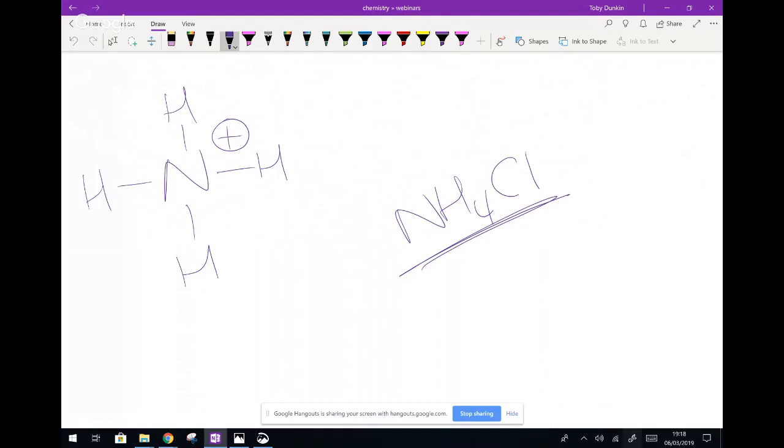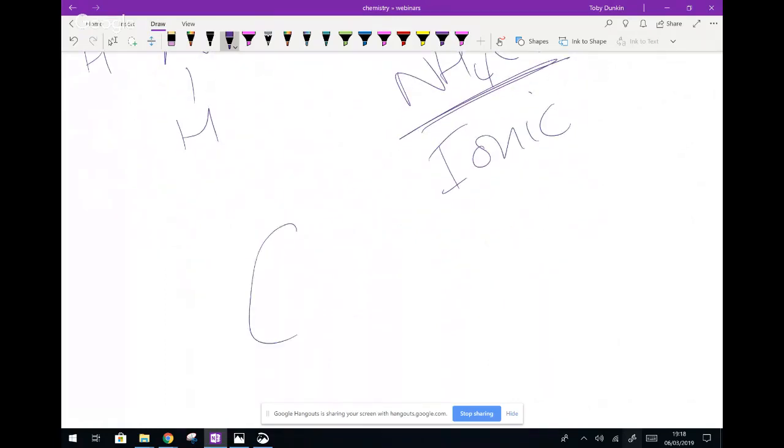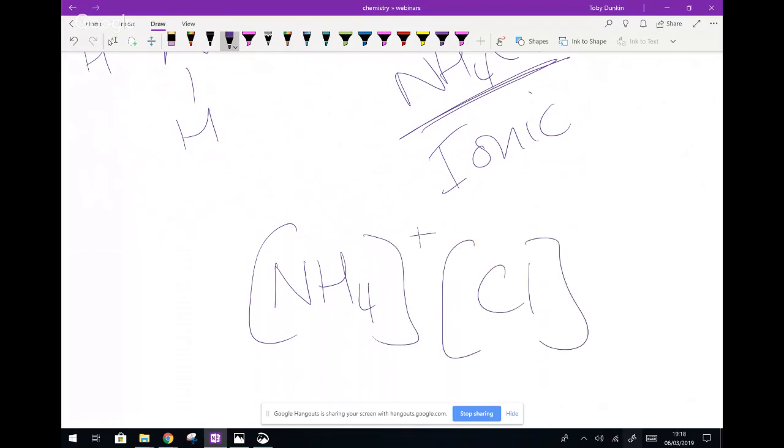And that breaks all the rules. That one is ionic. And it's ionic because we have, and it's nice to drop back into ionic bonding, the positive ammonium ion surrounded by the negative chloride ions. That compound is ionic. It's the only example that you need at GCSE that breaks this rule.